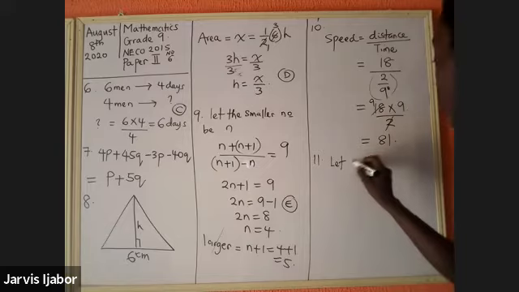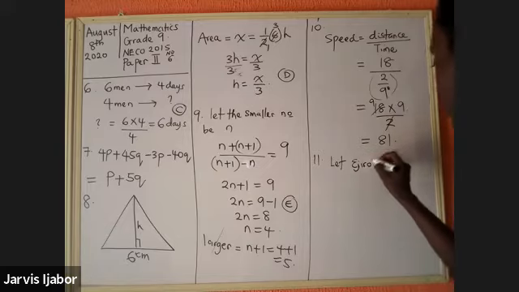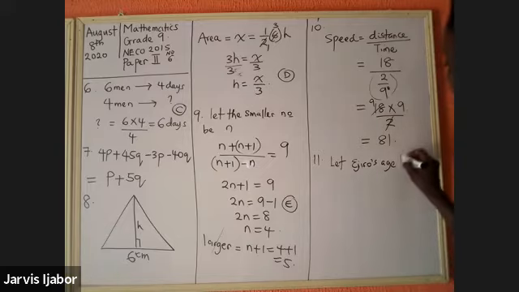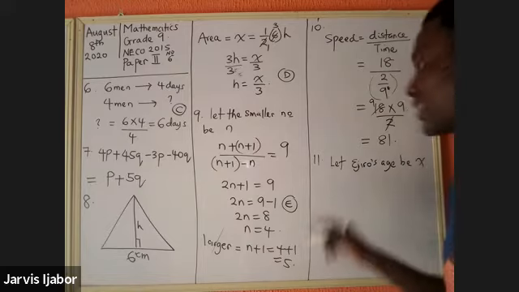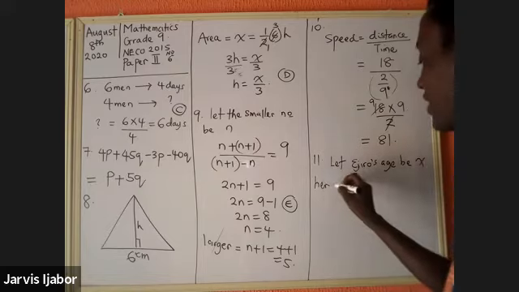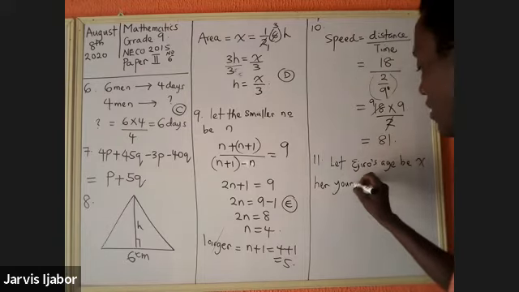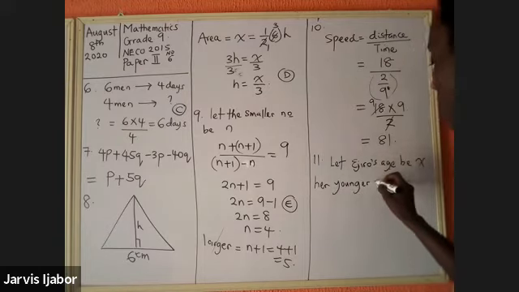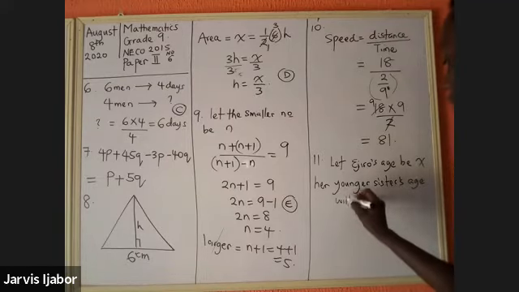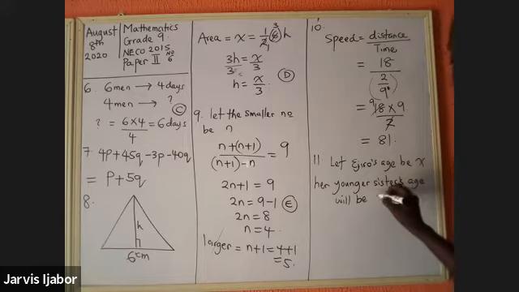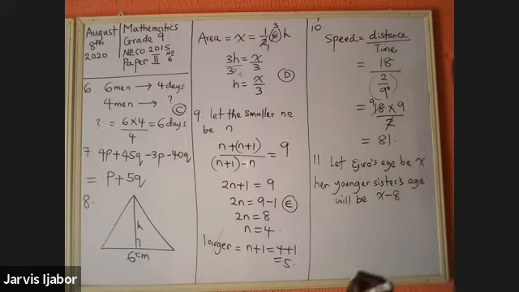So let Ejiro's age be X. So if Ejiro is X, it means that her younger sister's age will be what? X minus 8.